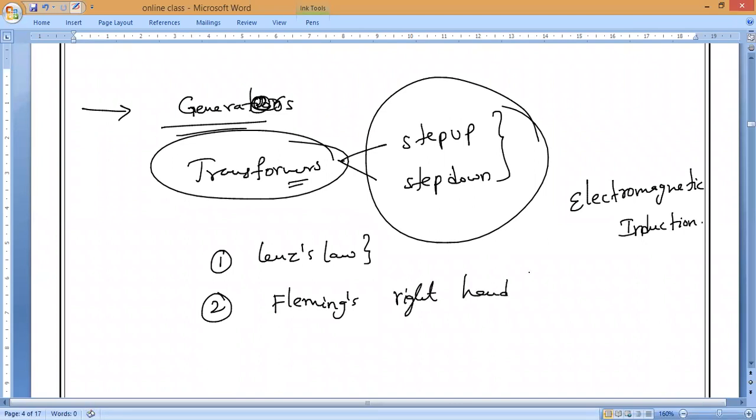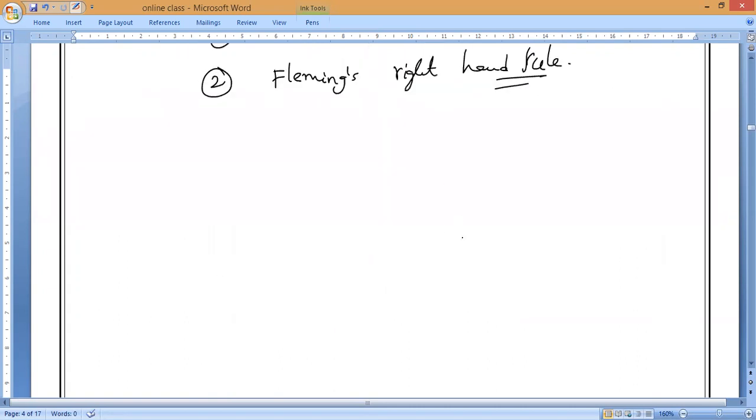Right hand thumb rule. Now I will tell you how to apply it. Lenz's law we'll study later, it's not needed now. As we already know, in Fleming's right hand thumb rule we use three fingers of the right hand.